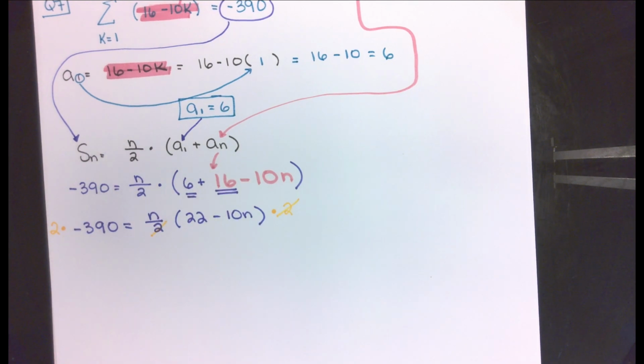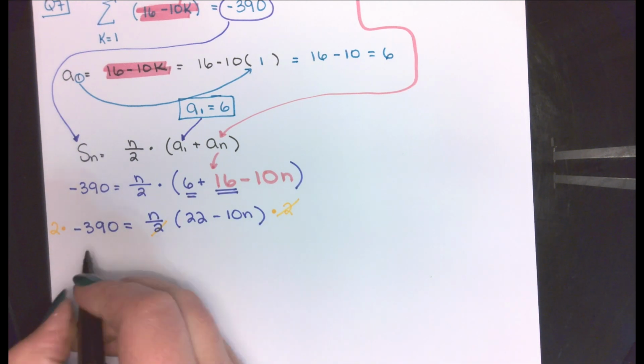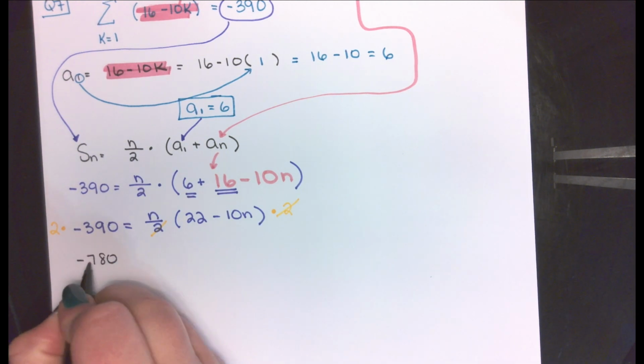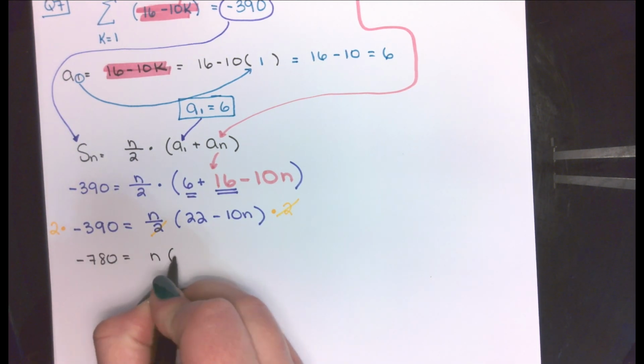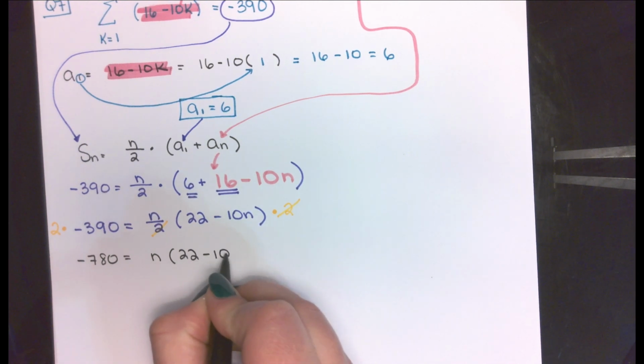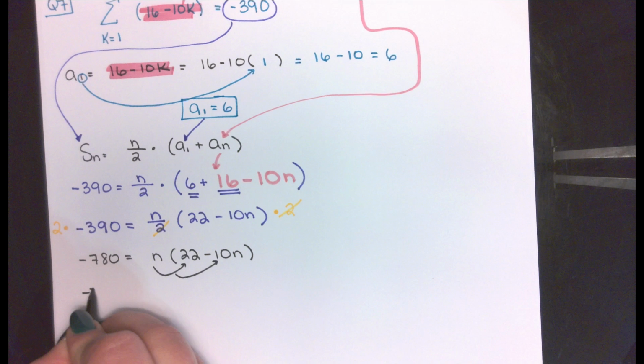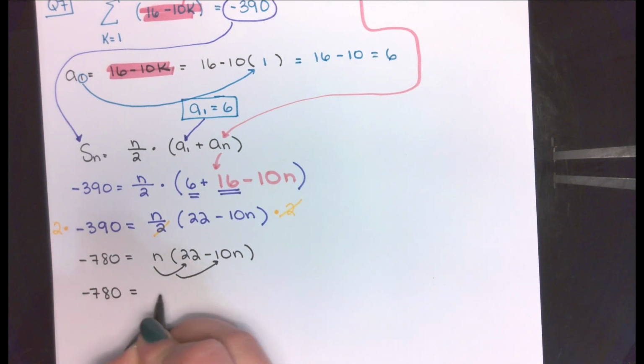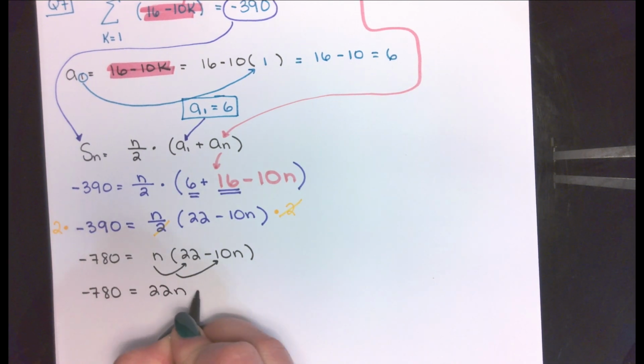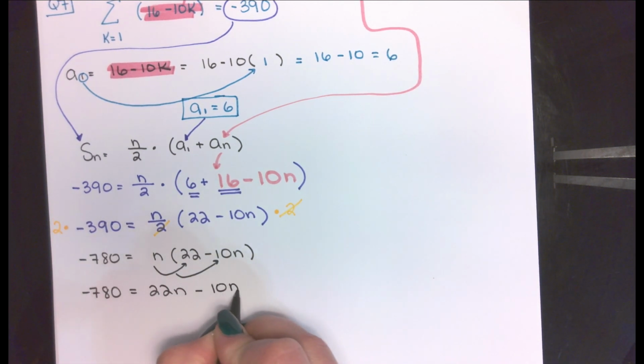The twos go away. We got negative 390 times 2, which gives us a negative 780, equals 22 minus 10n. Distribute that n. Negative 780 is equal to 22n minus 10n squared.